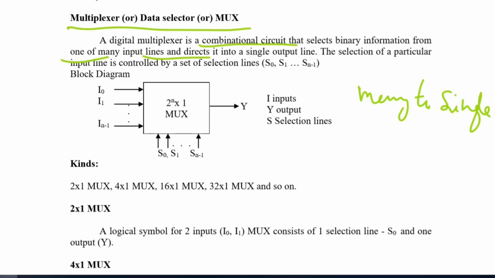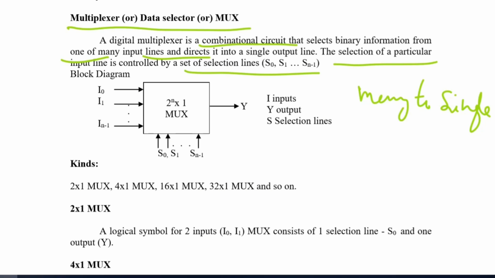How does it give a single output? Based on the selection lines. The selection of the particular input line is controlled by a set of selection lines, which can be numbered S0 to Sn minus 1. How many inputs we are giving, that many selection lines we need to give.